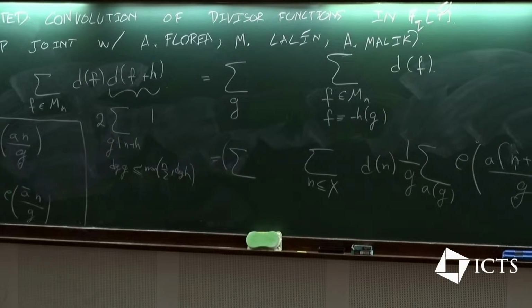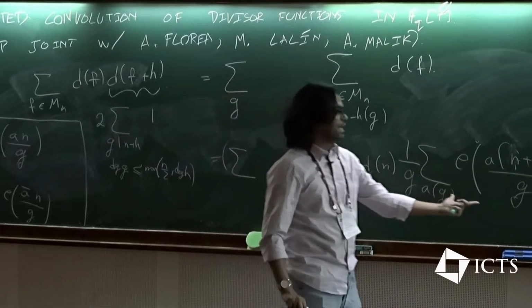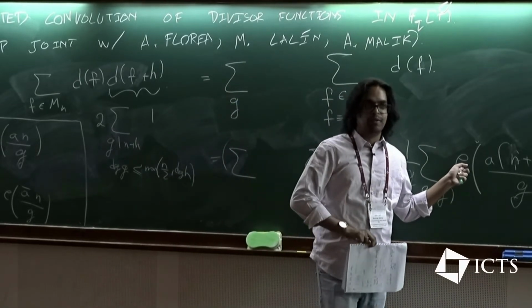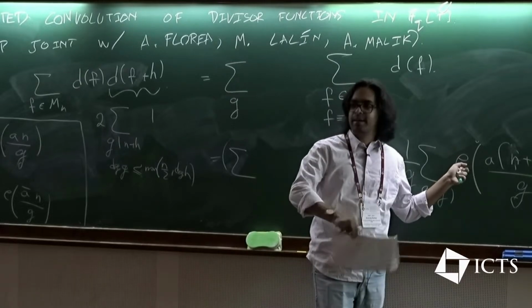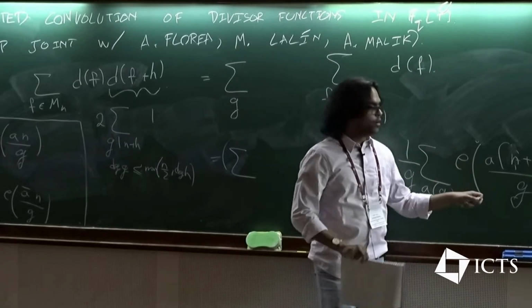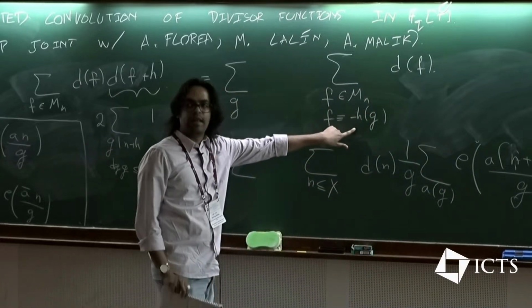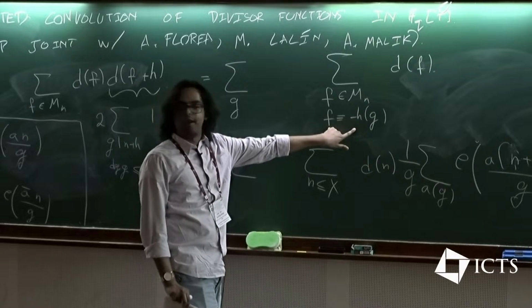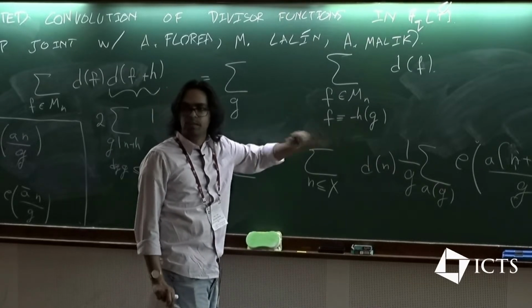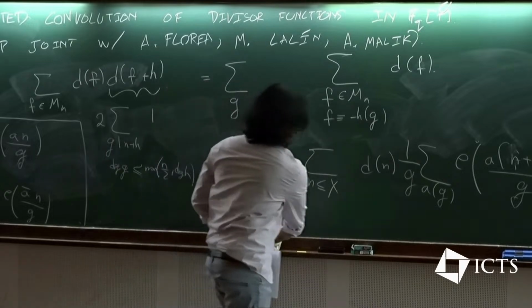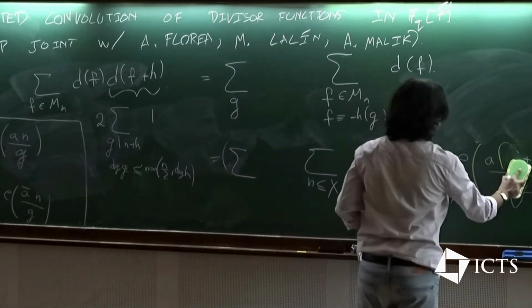You can think of all characters mod g as something which looks like this, where e is a character for the infinite completion of F_q(T). I'm not going to go into what this additive character is. Suffice it to say that F_q[T] mod g is a finite abelian group, so it has some characters, and you can use that to detect this congruence. So when you do this, you get exactly what I have over here.